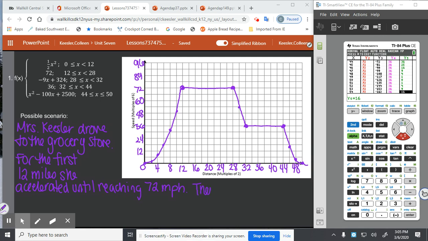Then she stayed at 72 miles per hour for 12 to 28 would be 16 miles.